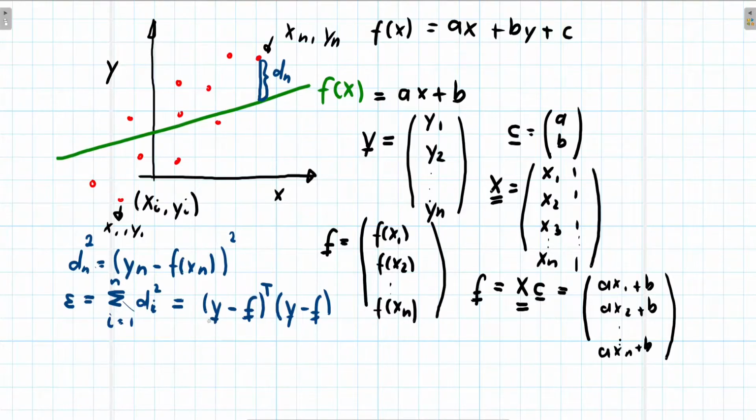And you can do this as an exercise, see what individual entries you would get if you multiply these two quantities out, and in fact you will see that you get exactly this sum here. So before we continue, I'm going to start a new page and just write this expression for epsilon down again.